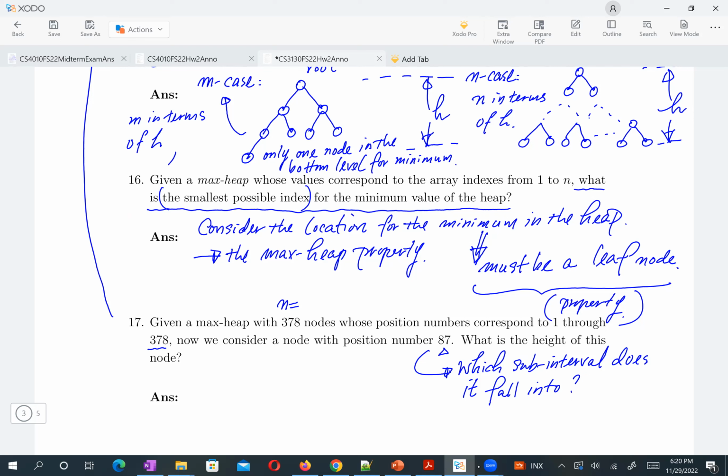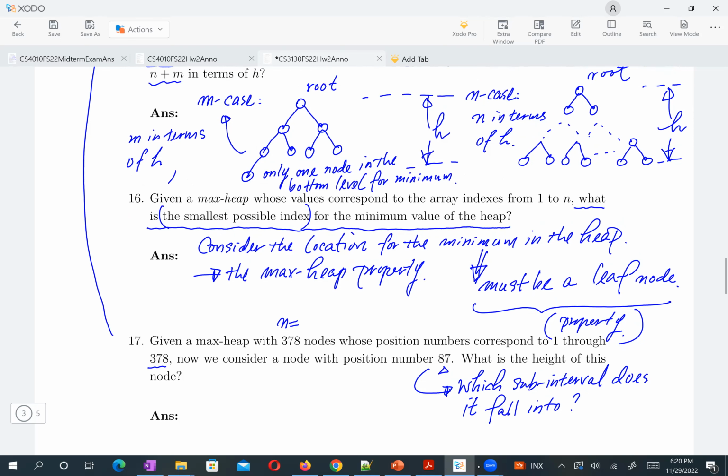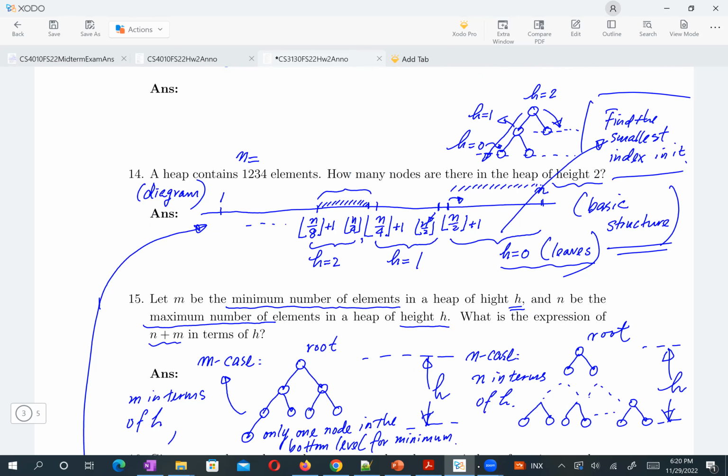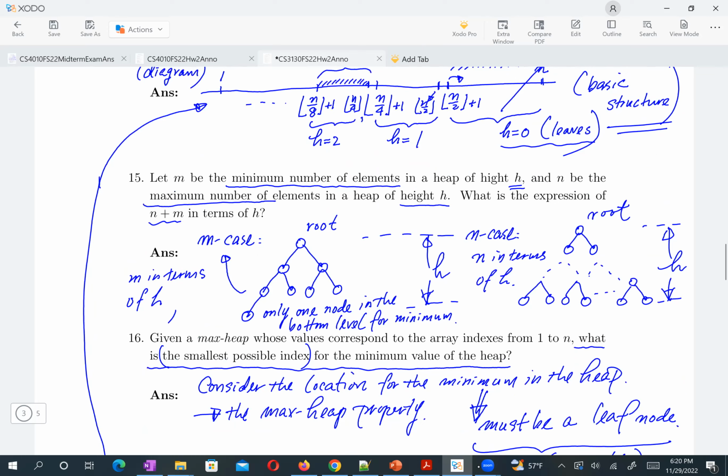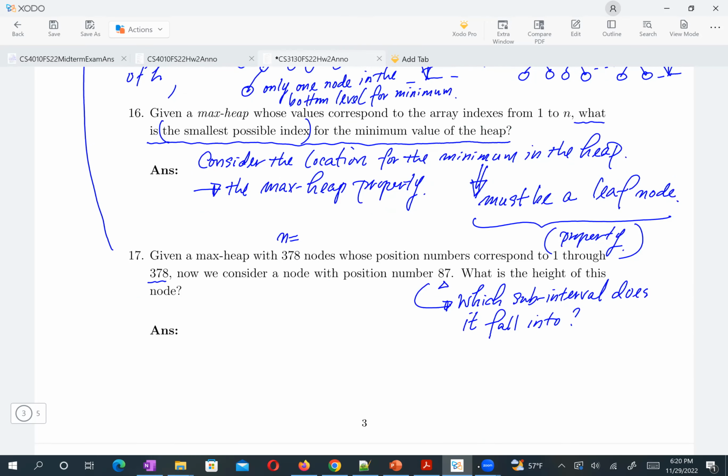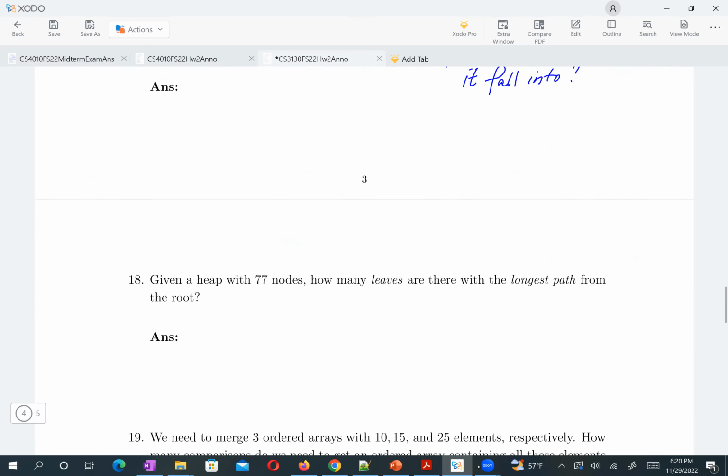So you just find that sub-interval. And we have the boundary of the sub-intervals, those floor function boundary numbers for different sub-intervals. So you can find the answer of number 17.